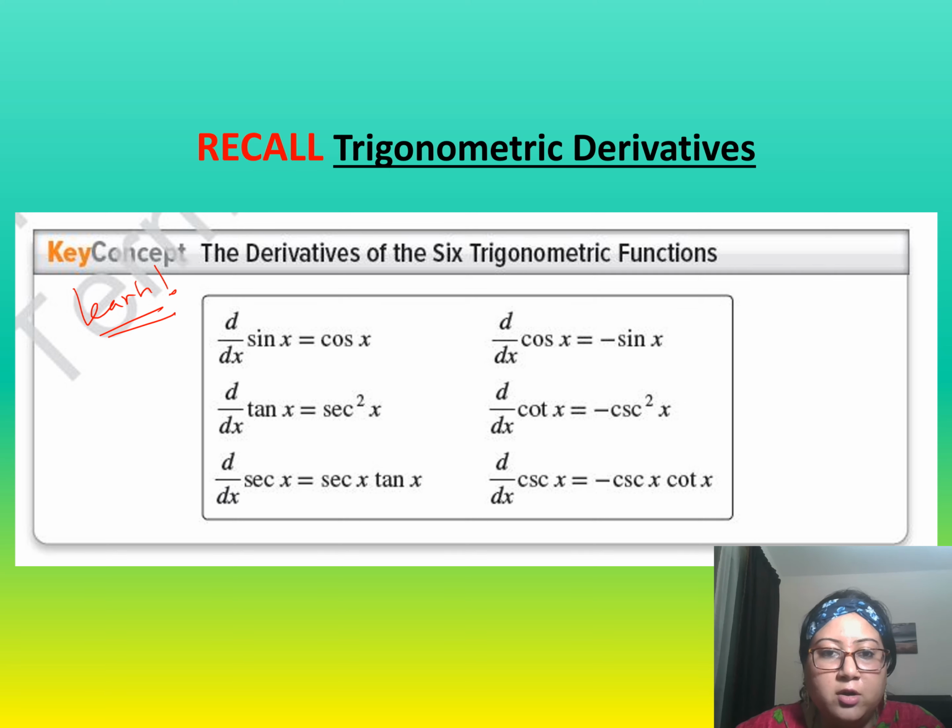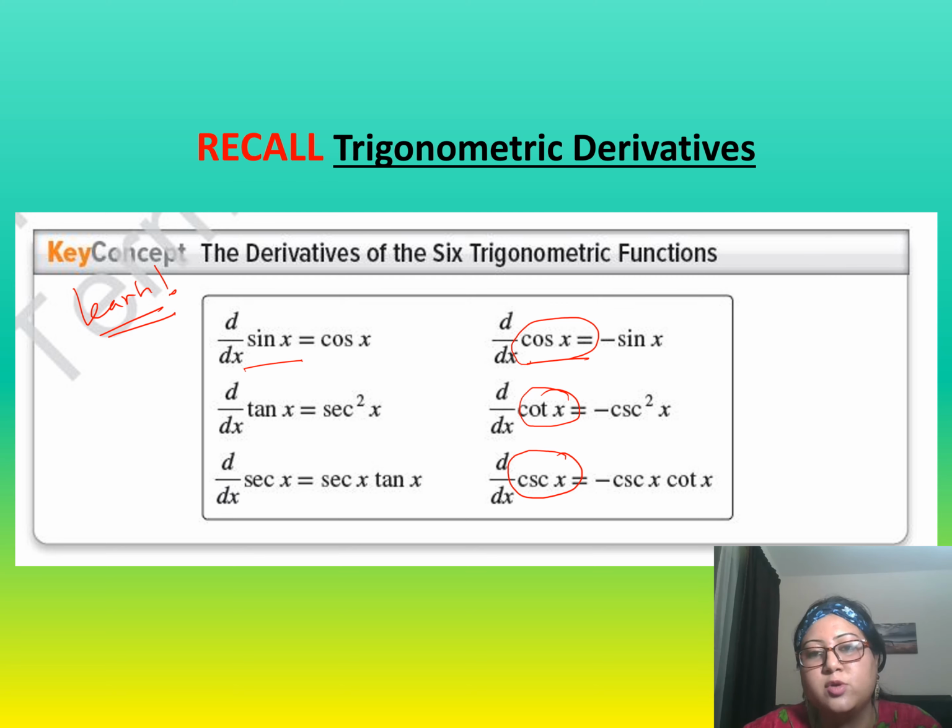So we all know that sine and cos are complementary functions. So d by dx, the derivative of sine x is always going to be cos x. The derivative of cos x is going to be its complement, sine x. Now, of all these 6 trigonometric ratios, there are 3 of them which begin with c. That is your cos x, your cot x, and your cosecant x. So for these 3, remember their derivative is always going to have a negative sign.